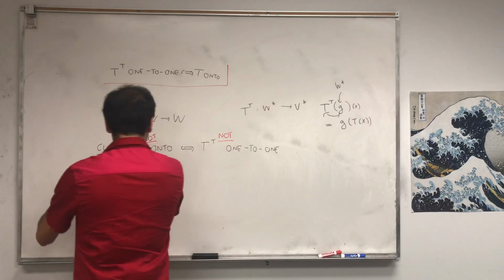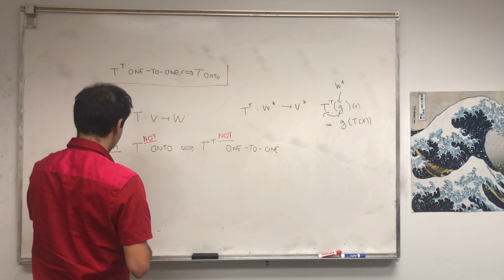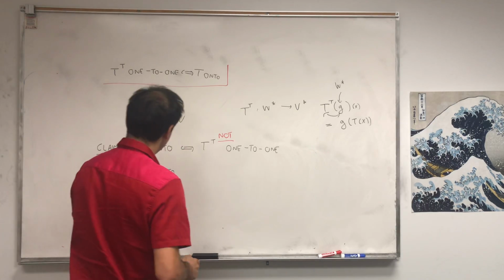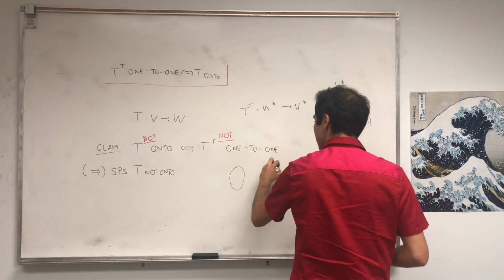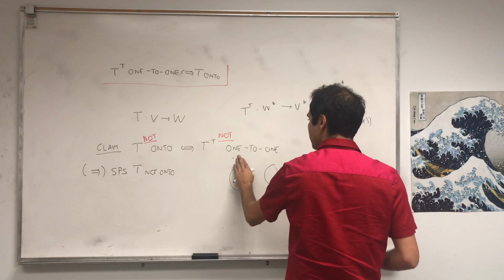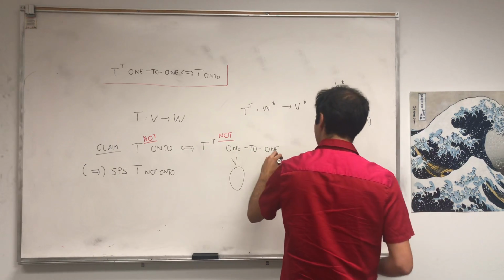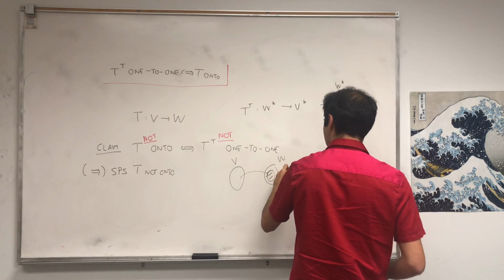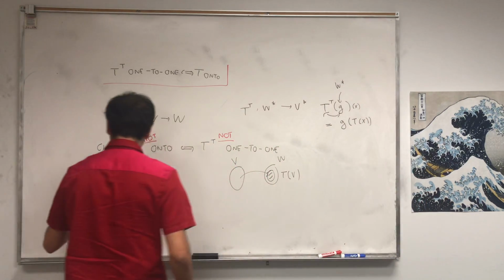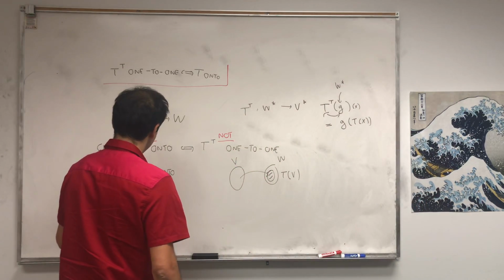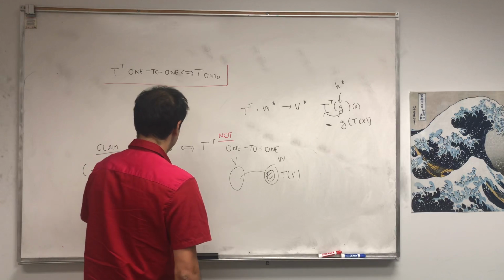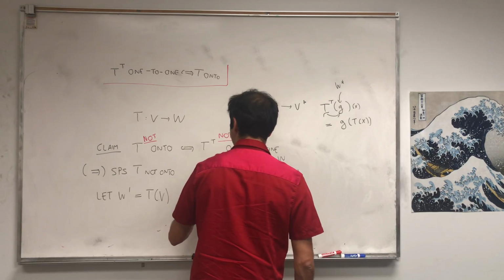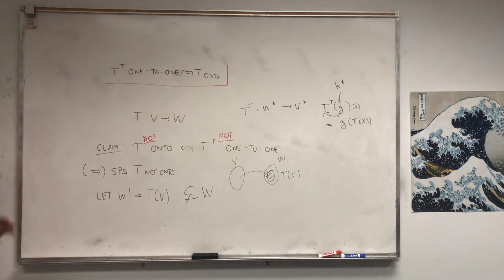Okay, so now suppose T is not onto. So if T is not onto, then the range of T is not all of W. So T of V is not all of W. And in fact, let W prime equal T of V, which again, is a strict subspace of W. And here's the nice thing.